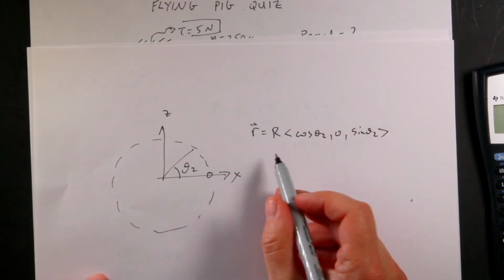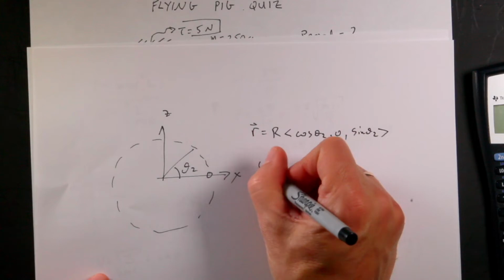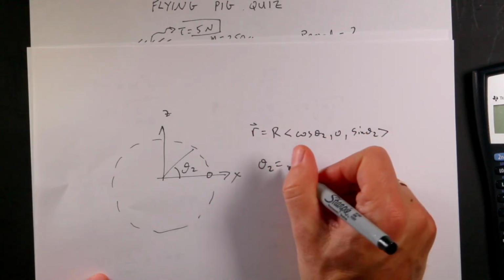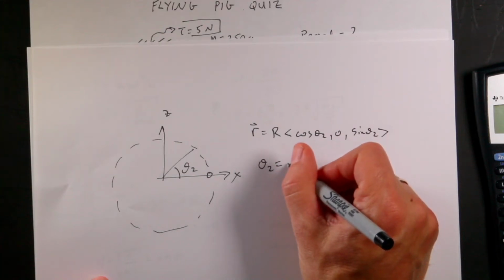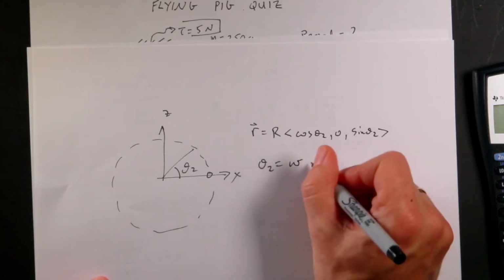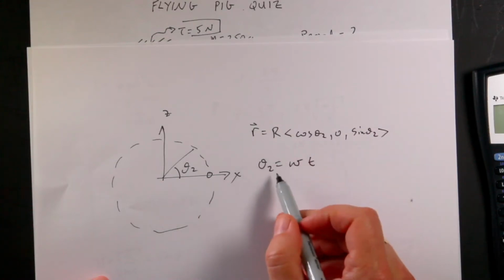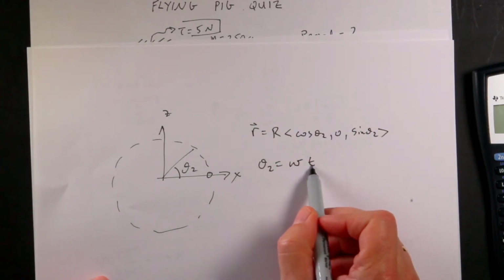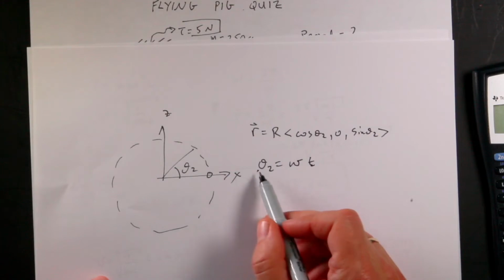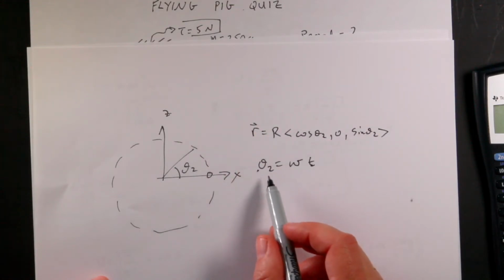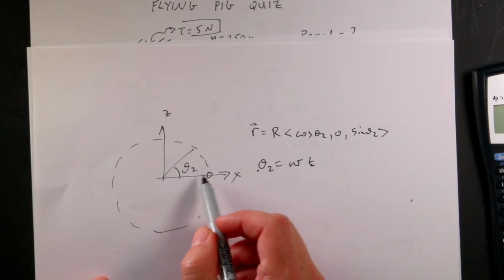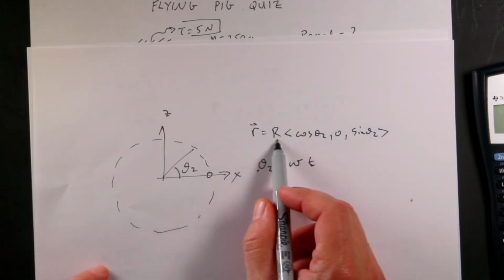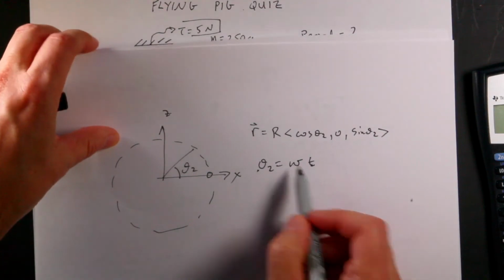All I need to do then is to change my theta. And so theta 2 is going to be equal to omega times t, right? If I start at theta equals 0 and I know the time, then I can just find the new angle. So I'm going to make a loop and loop over this and keep changing that theta, and then I can move the location of my object. I need to calculate R, I need to calculate V, or omega.